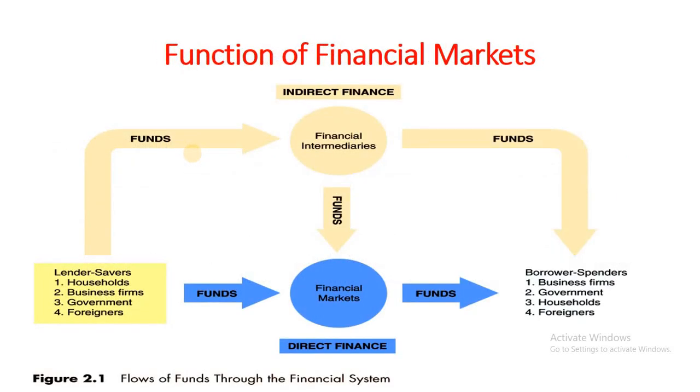Now here is a flowchart of how financial market works. So we can label it as indirect finance and direct finance. Now first of all, let's look at the direct finance. If funds are transferred from lenders or savers to borrowers through financial market, we'll call it direct finance.